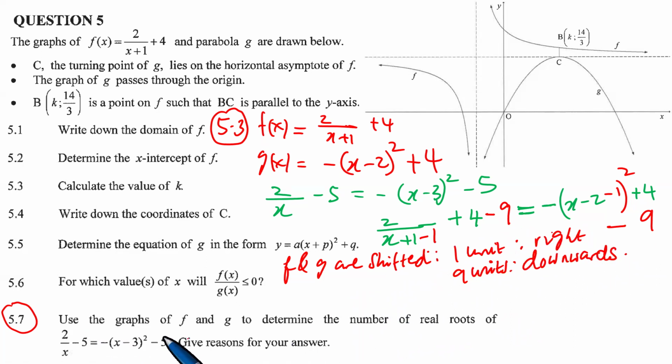So now use the graph to determine the number of the real roots. So we're interested in the real roots. Now, a couple of things that we need to also mention here in our analysis, because we need to explain the answer to this.